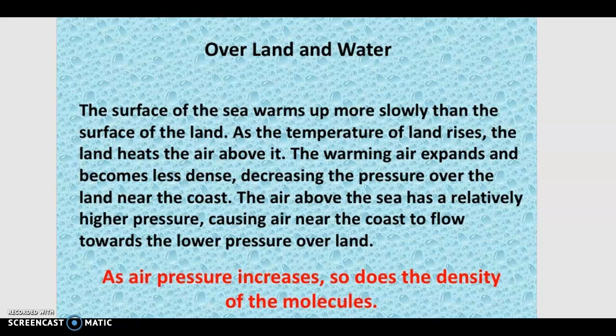So as air pressure increases, so does the density, meaning as the pressure goes up, those molecules are more closely compacted together, and then things that are less dense are going to weigh less and float more. If you think about a container of oil and water, the oil is less dense, so it's going to float on top of the water in a container.